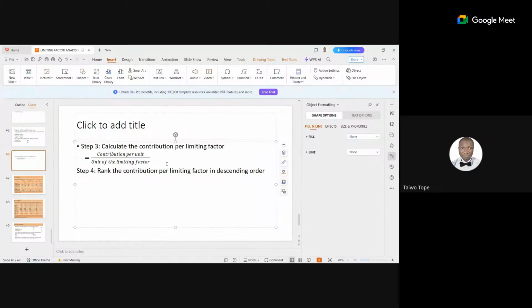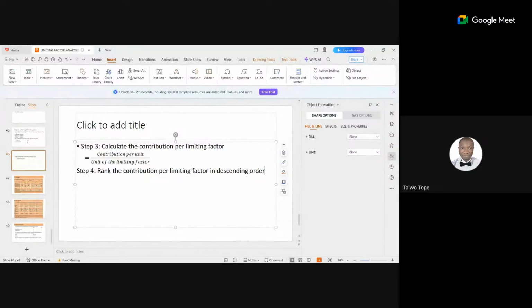That is, you identify the product that is giving you the highest contribution. You rank it first, followed by the second, third, fourth, in that order. Then you allocate the resources based on the ranking.